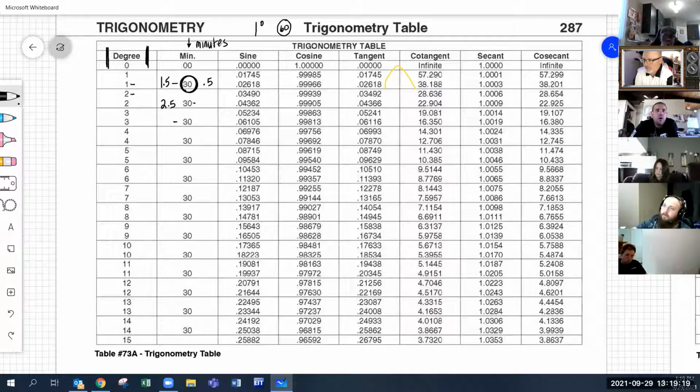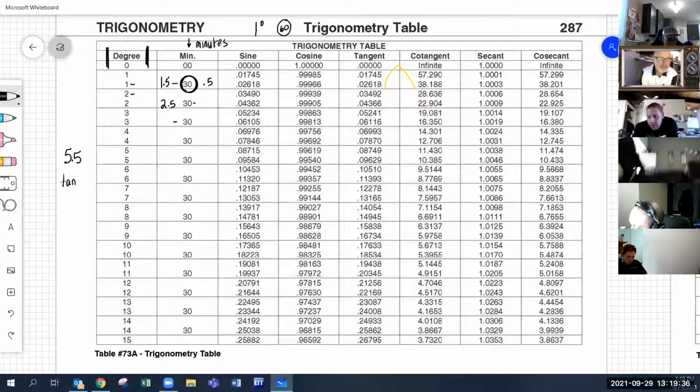And they call that 30 minutes. So while we're here, I want you in your calculator type 5.5. So 5.5. And then I want you to hit the tan button. See what you get.